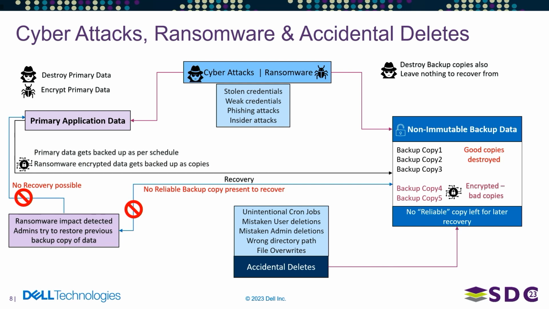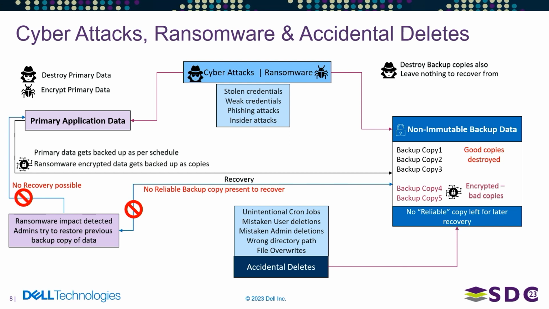If it is ransomware, they don't change anything else. So backup 4 and 5 are encrypted copies, and the key is with the ransomware guy or girl. And then they delete these copies. Once this happens, there is no way to recover from it. These are deleted, and they can recover copy 4 and 5, but they're all garbage.